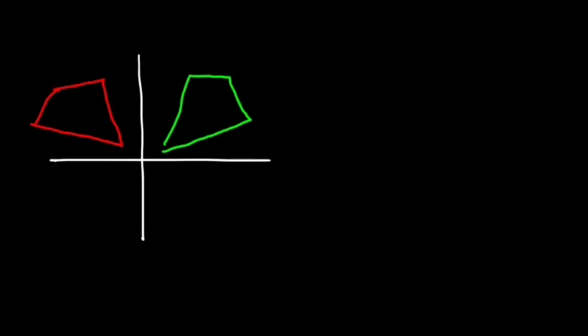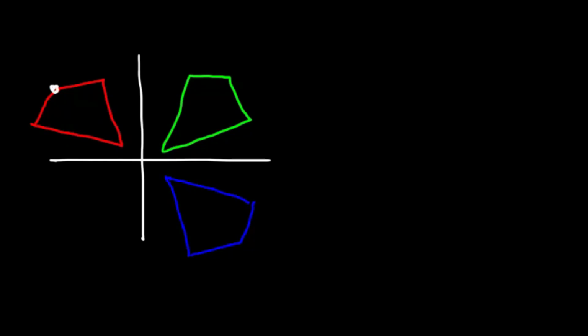It's going to look something like that. And then if we reflect it about the x-axis, it's going to look something like this. So the red one is a reflection of the blue one about the origin. Or the blue one is a reflection of the red one about the origin. That's what I meant to say.